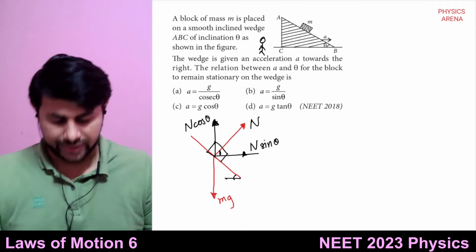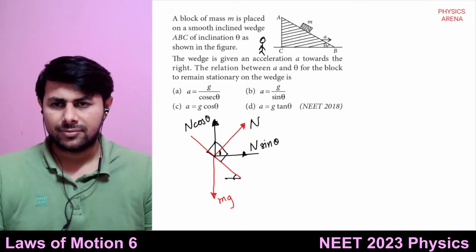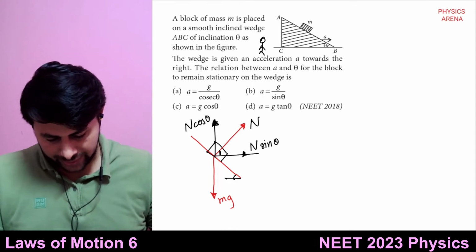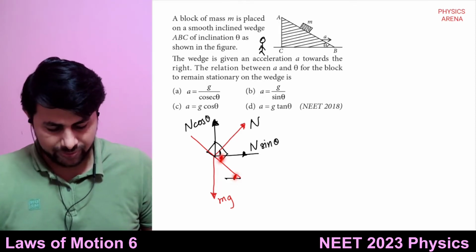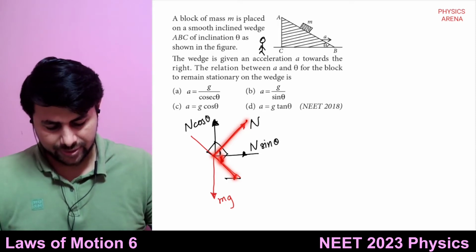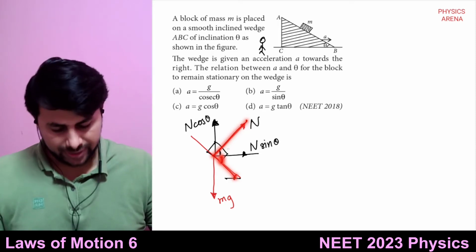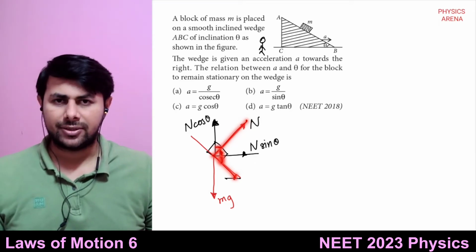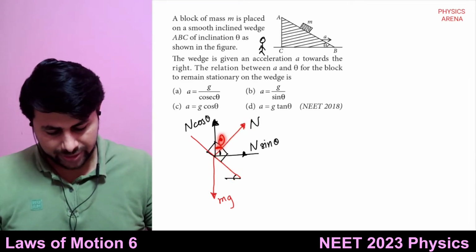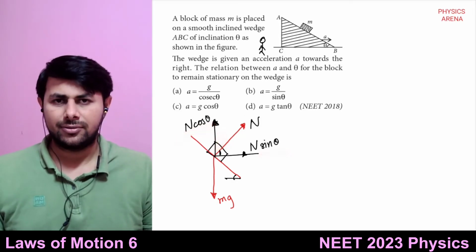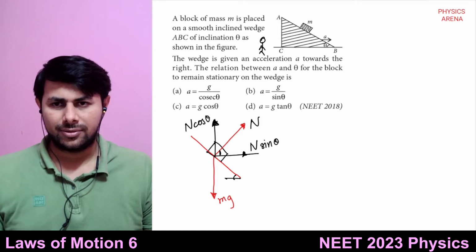So do you understand this? Okay, you understood the resolution? See, this angle is theta, so this angle will be theta. Okay, this angle is 90 degrees, so subtract theta from 90. So this one will be 90 minus theta, and this one will be theta, you can say. Okay, so if this is theta, this is the cos component, this is sine component, right?